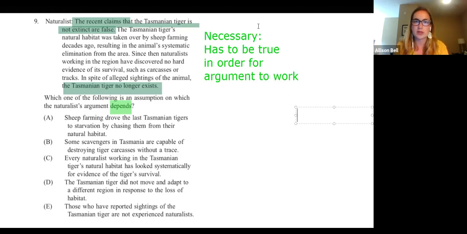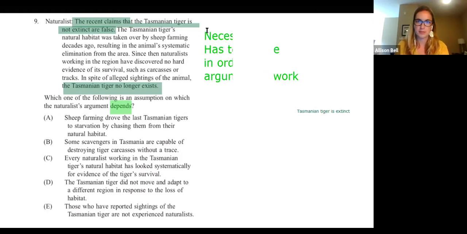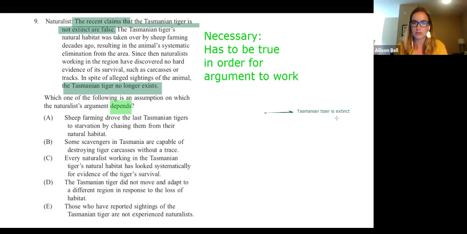What is the support that they offer for that? How do they know that it's extinct? Yeah, they specifically tell us that the habitat was taken over by sheep farming, and they've discovered no hard evidence of its survival.